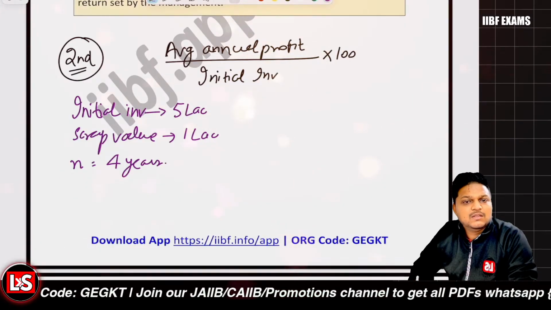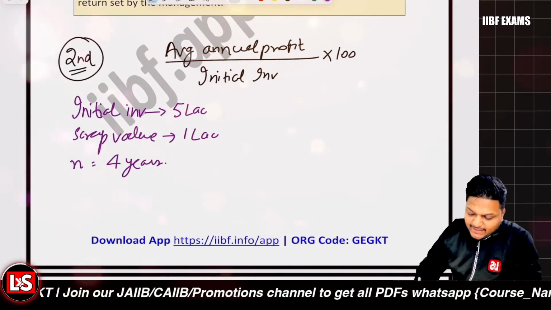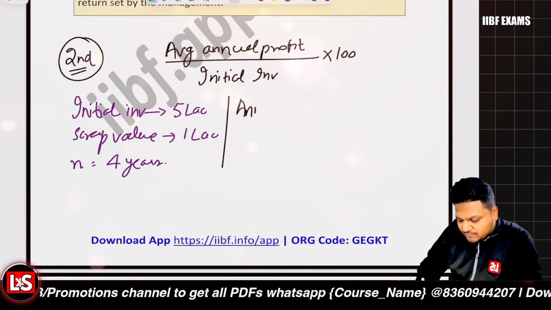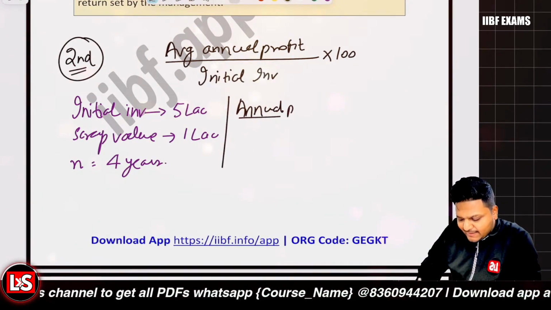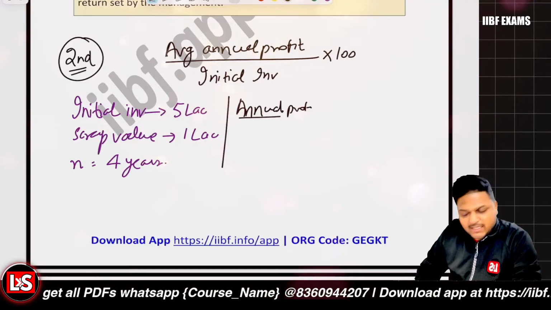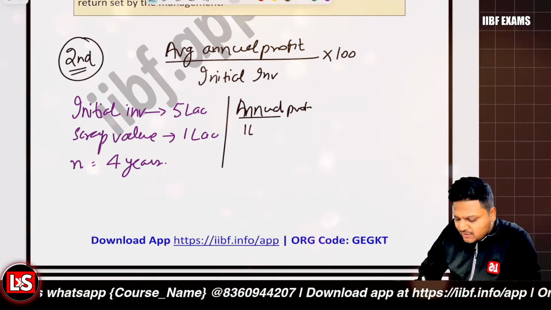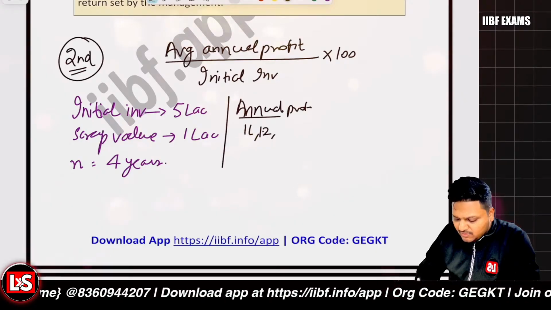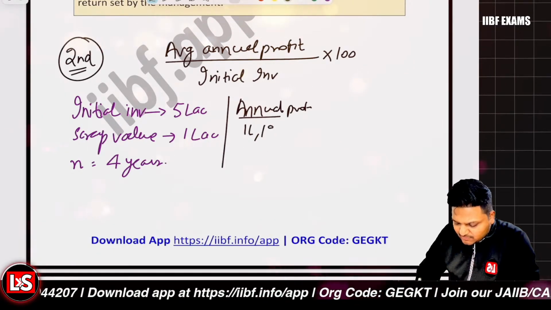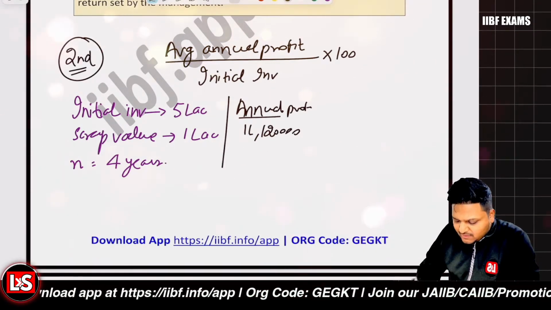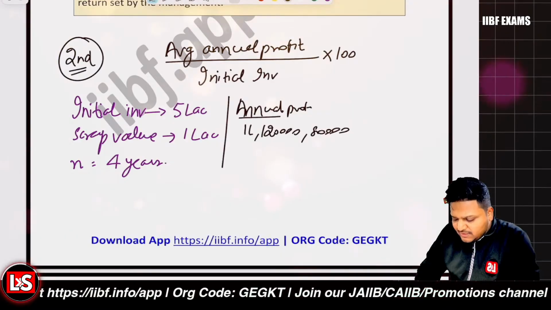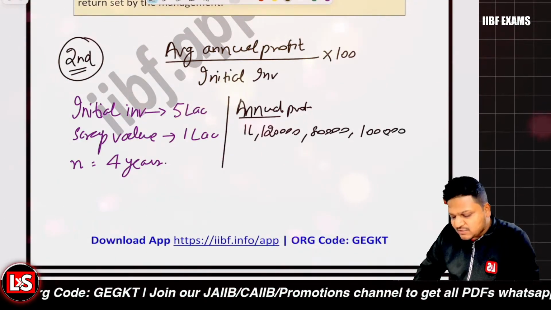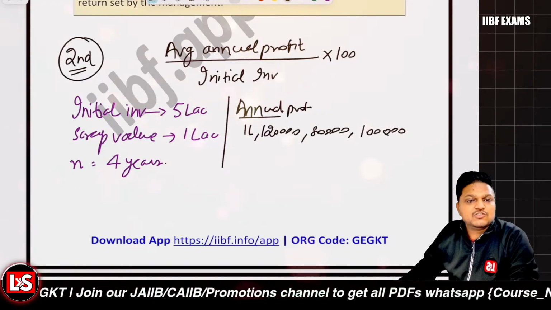And the annual profit year wise is also given: 1 lakh, then 1.2 lakh, or simply 1,20,000 for the second year, 80,000 after that, and further 1 lakh rupees. These are the annual profits given to you after depreciation and tax.